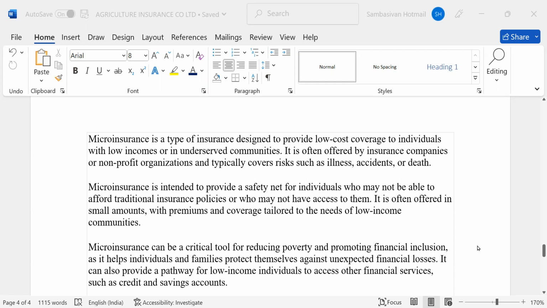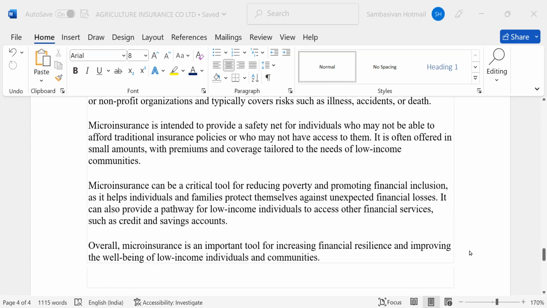It is offered in small amounts with premiums and cover tailored to the needs of low-income communities. Microinsurance can be a critical tool for reducing poverty and promoting financial inclusion, as it helps individuals and farmers protect themselves against unexpected financial losses. It can also provide a pathway for low-income individuals to access other financial services such as credit and savings accounts. Overall, microinsurance is an important tool for increasing financial resilience and improving the well-being of low-income individuals and communities.